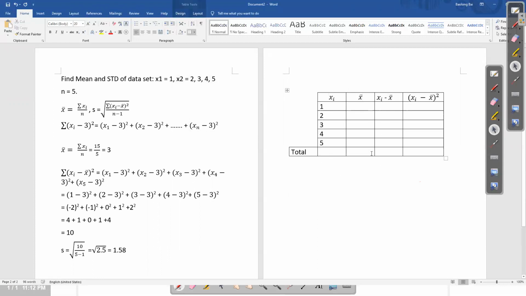And then on the bottom, we have a total row. So total is just adding the whole column up. So 1 plus 2 plus 3 plus 4 plus 5 is 15, right? So here is important. Once you realize the column total, you need to understand the column total is just like a sum function. Adding all the xi's up, that's just sum of xi, right?